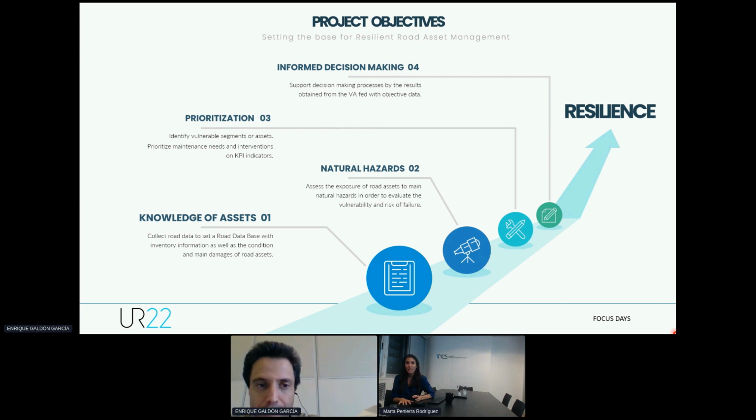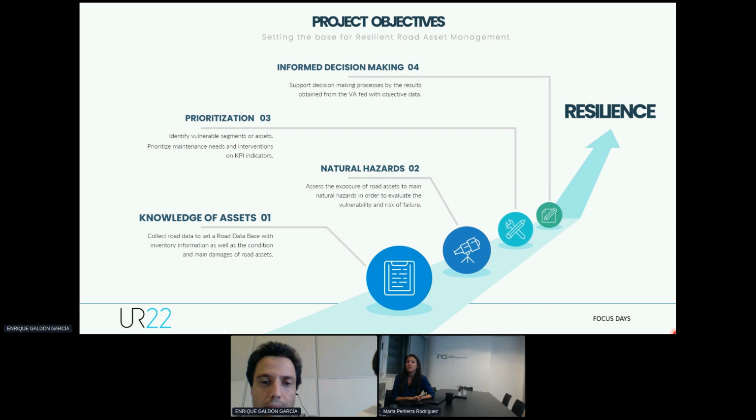Collecting inventory data of all the network, pavement, and all the assets, pavements, bridges, culverts, earthworks, you name it, everything. Collecting all the inventory, the typologies, materials, geometry of the assets, so that we really understand what asset we have to manage, but also the condition of the assets.